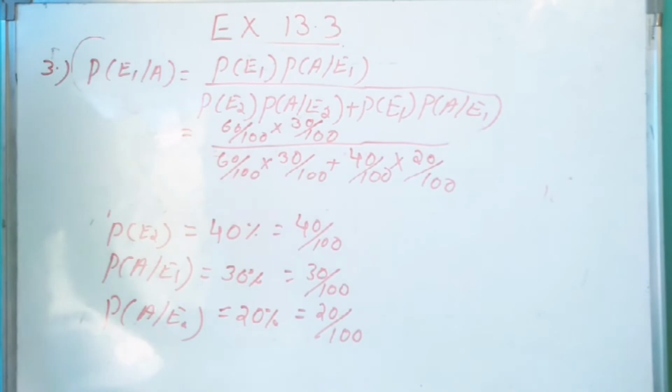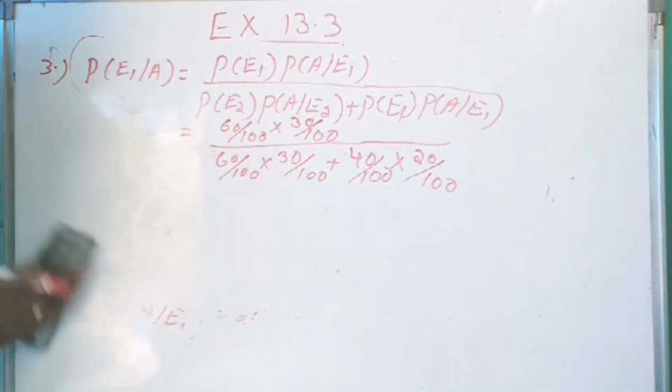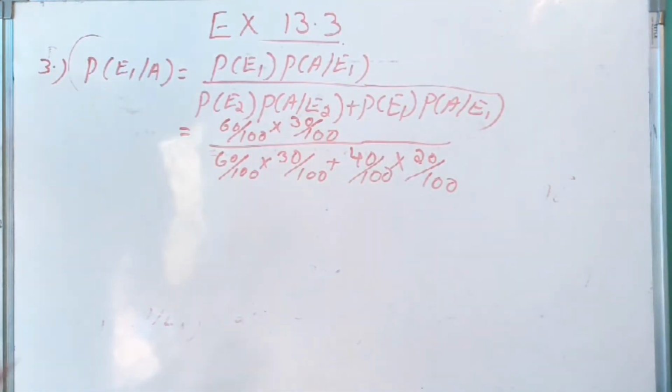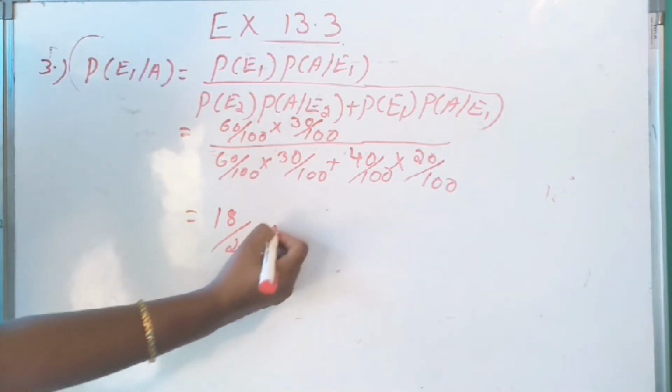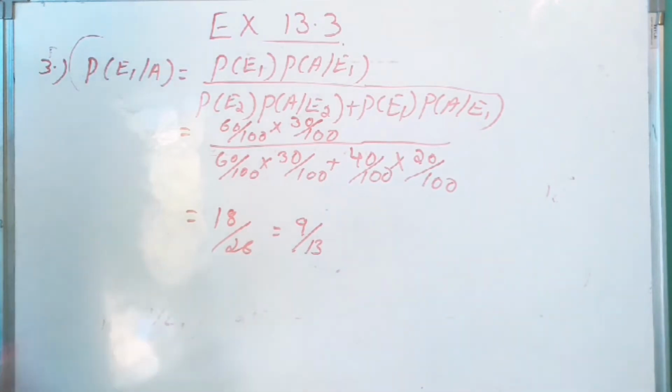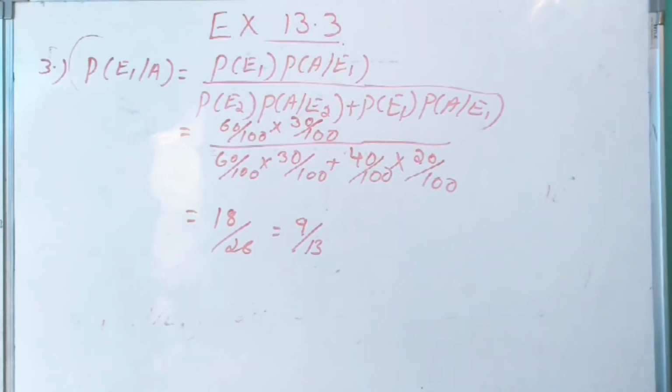After simplification we get 18 by 26, that is equal to 9 by 13.